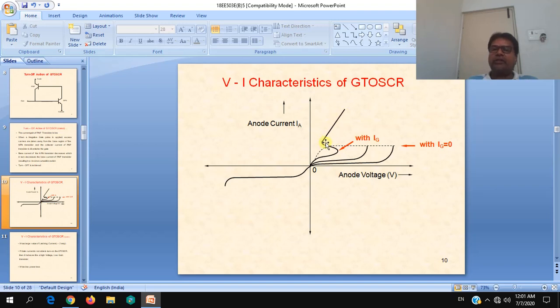When compared to the conventional SCR, the latching current value for the same rated GTO SCR is higher. For that purpose, the minimum current which is to be flown through the GTO SCR to enter into conduction state, that is latching current, will be high.